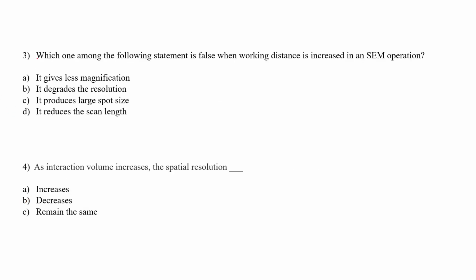The third question says, which among the following statements is false when working distance is increased in an SEM operation? It gives lesser magnification, it degrades the resolution, it produces larger spot size, it reduces the scan length.